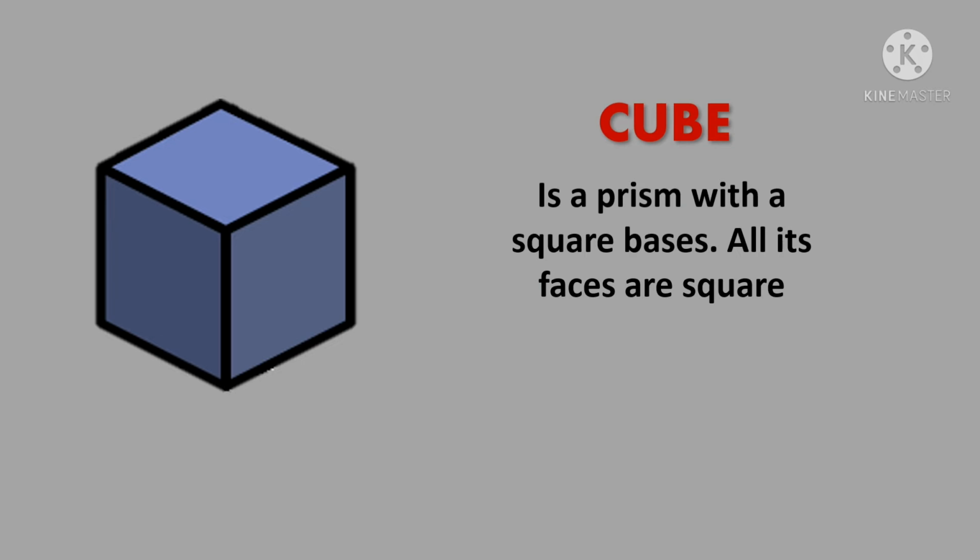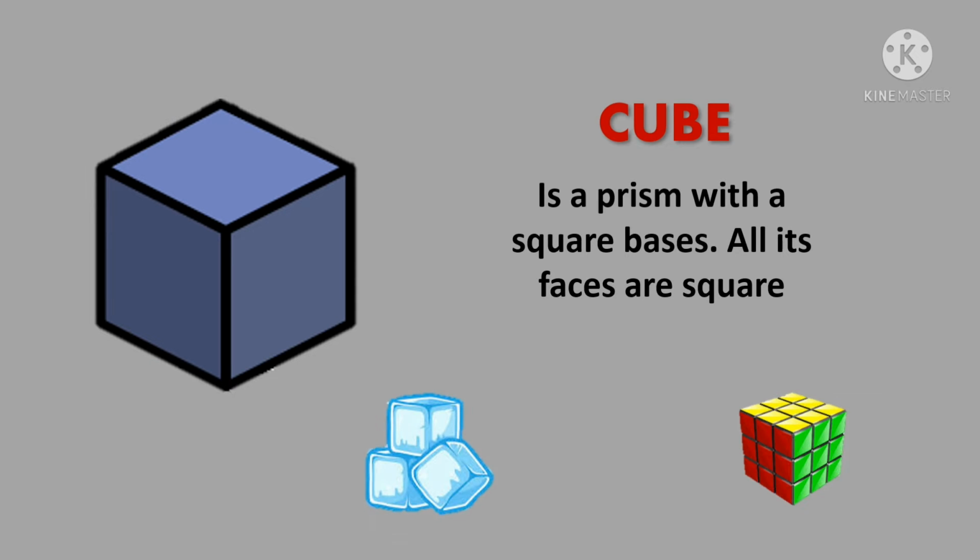Number 1, let's talk about a cube. A cube is a prism with square bases. All its faces are square. Examples of cube objects are a Rubik's Cube, ice cube, and a box.